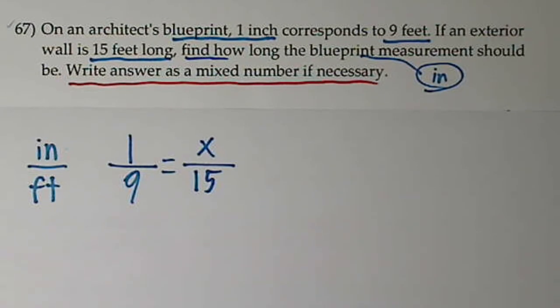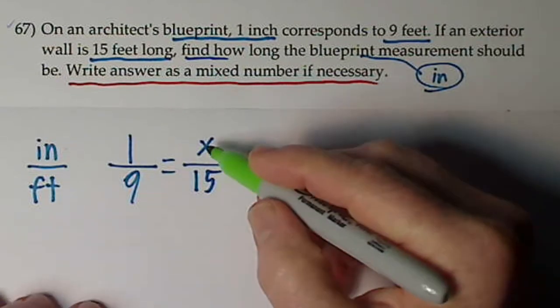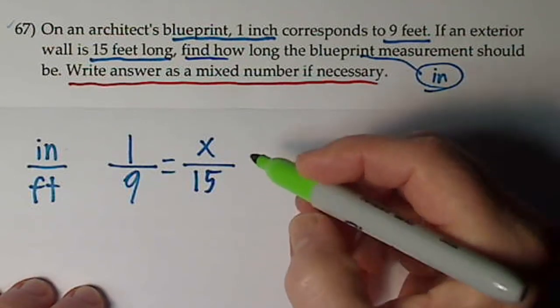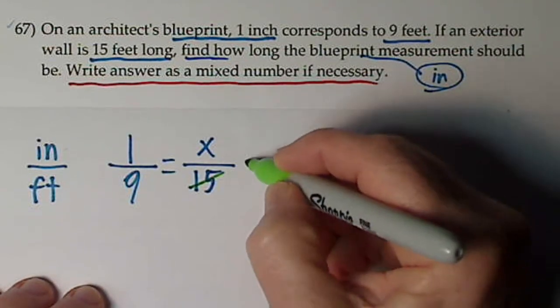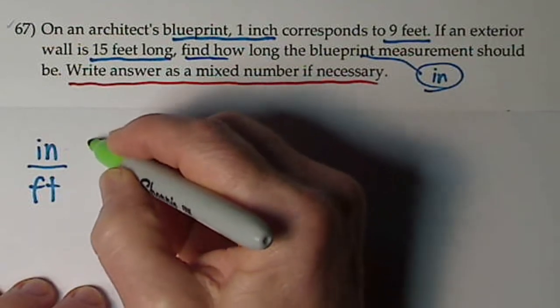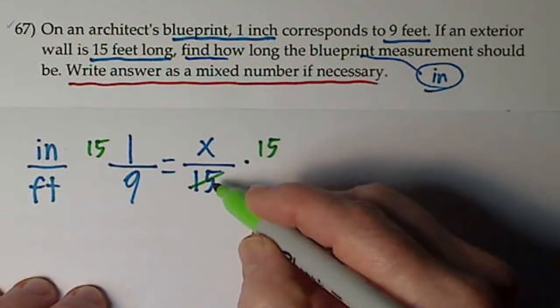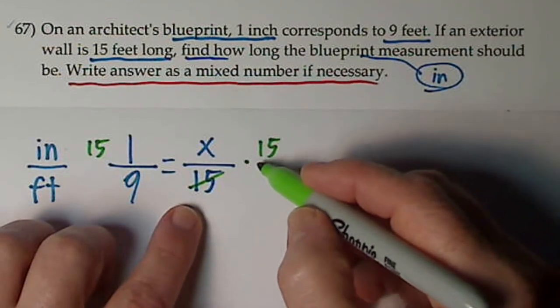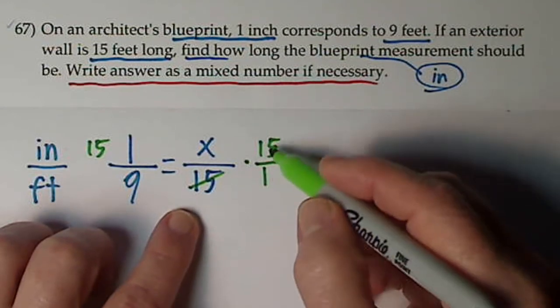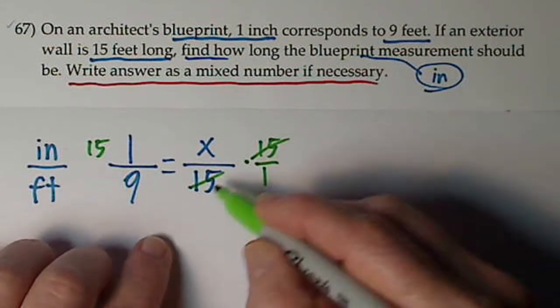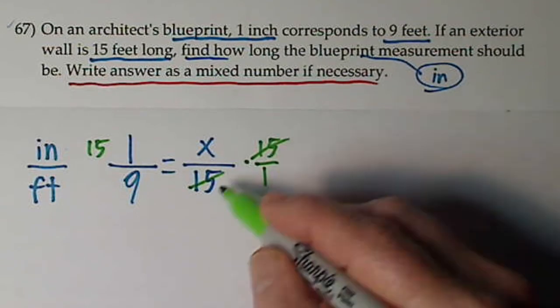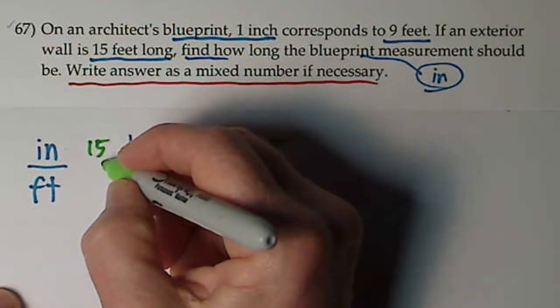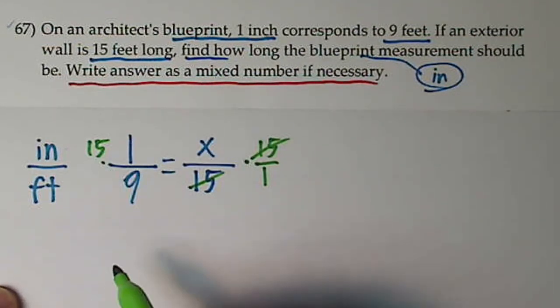Now I want to get x all by itself, so I need to get rid of this 15. So multiply each side by 15. This is 15 over 1, and the 15 cancels the 15. It goes into itself one time. And to keep things balanced, I have to multiply this side by 15.